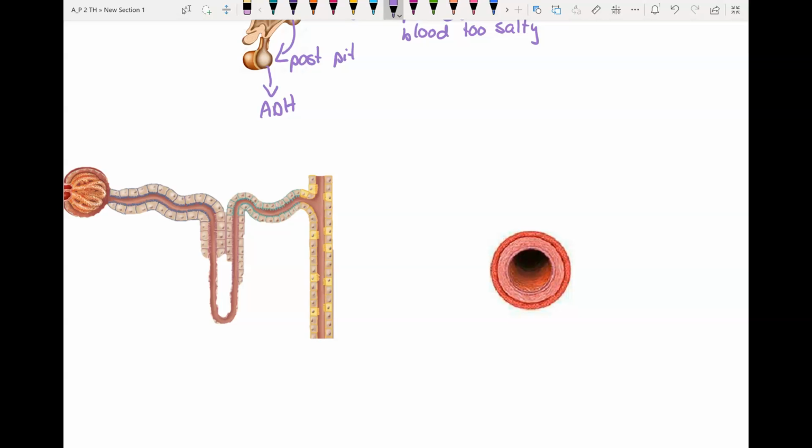ADH is going to cause you to have aquaporins. And remember, aquaporins are going to move water alone to your blood. So you will have more water going to your blood. You will therefore have less water in your urine.